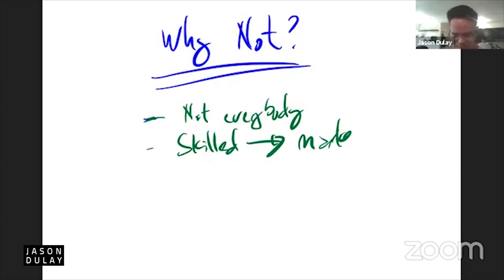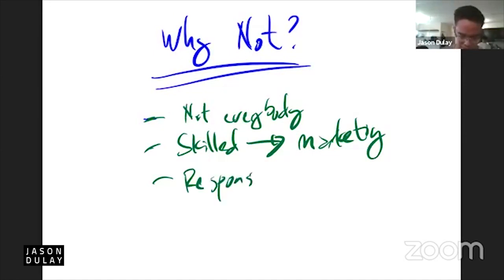You have to have good marketing skills. If you don't have good marketing skills, you might not be ready to be a social media strategist yet. You might have to learn more and do social media management. You might have to learn more and manage some ads, do some marketing before you go into overall strategy. And the responsibility is also pretty big. And some people don't like that responsibility.